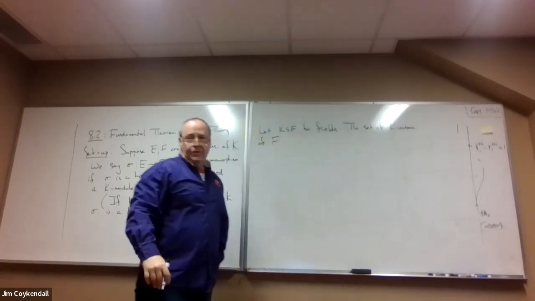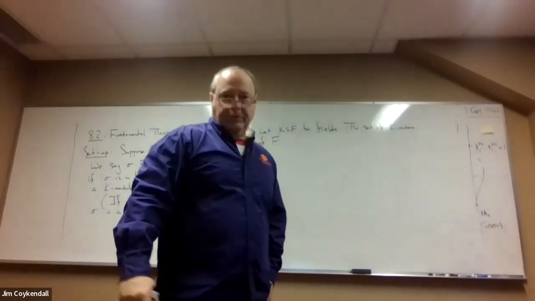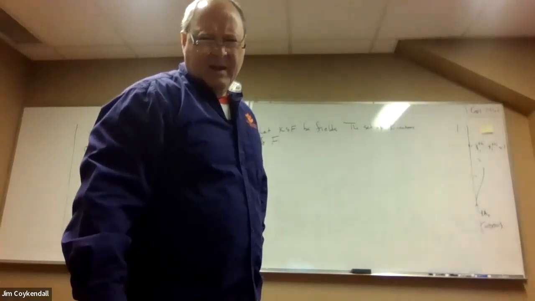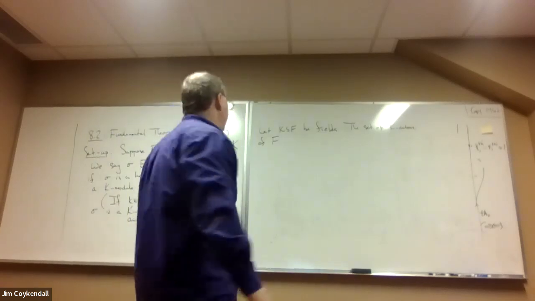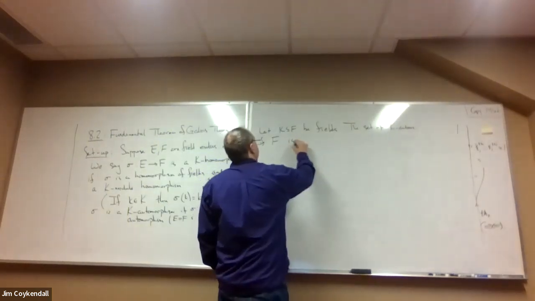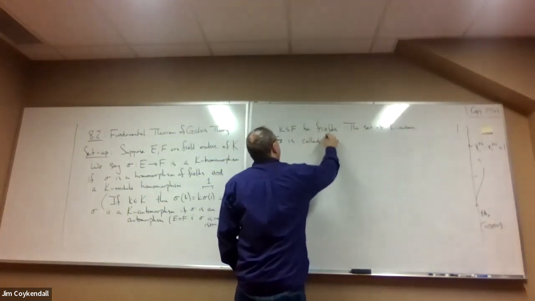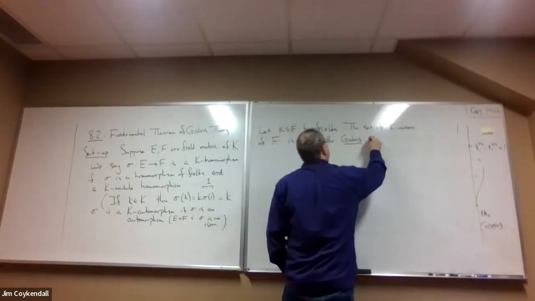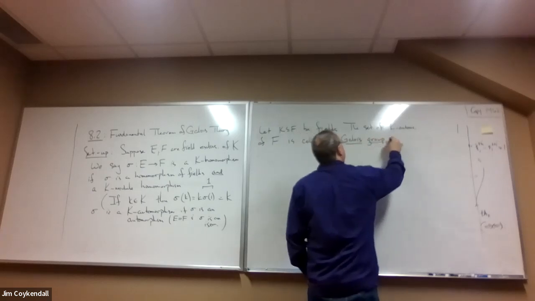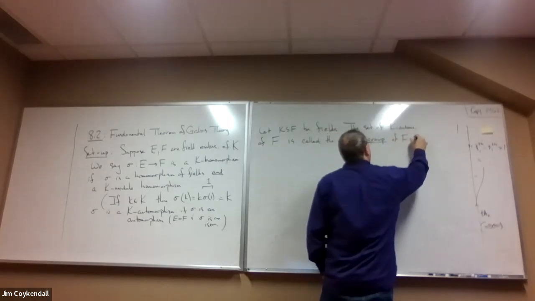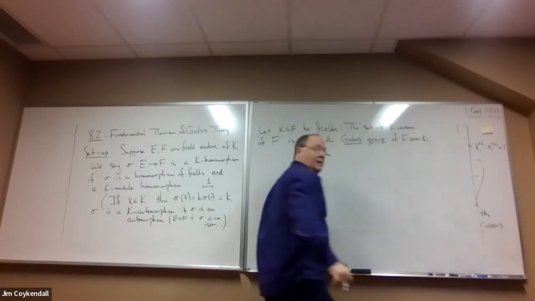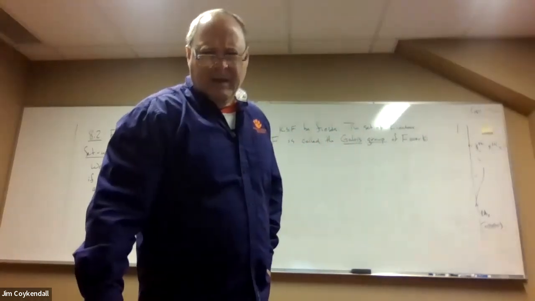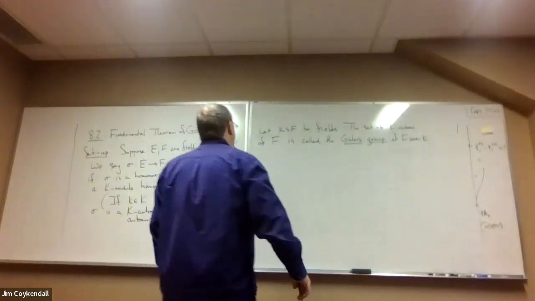That is the automorphisms of F to itself, fixing K, is called the Galois group of F over K. So the Galois group of F over K. And let me give you some notations that you might see.